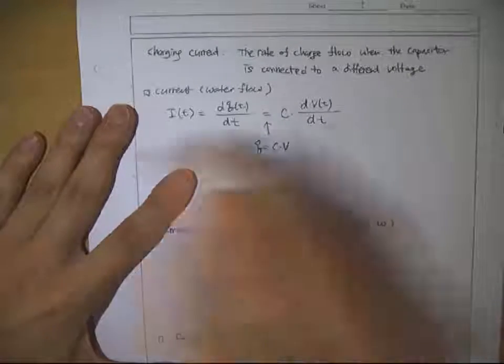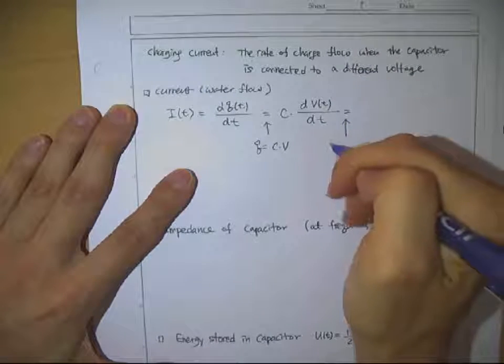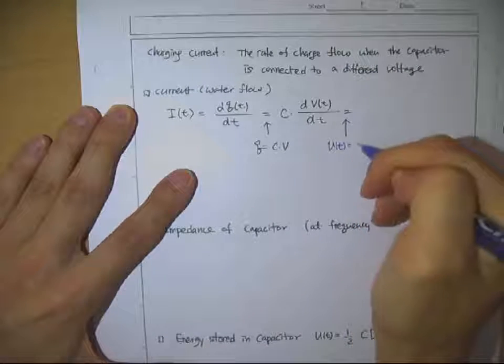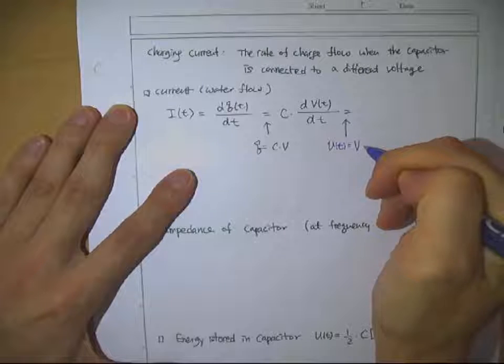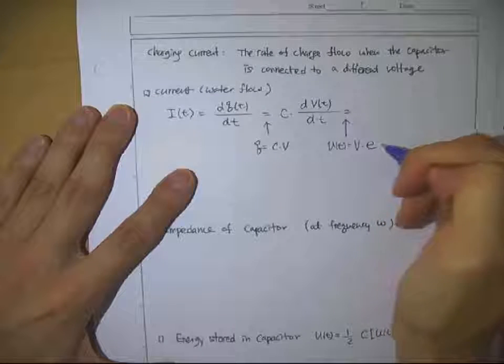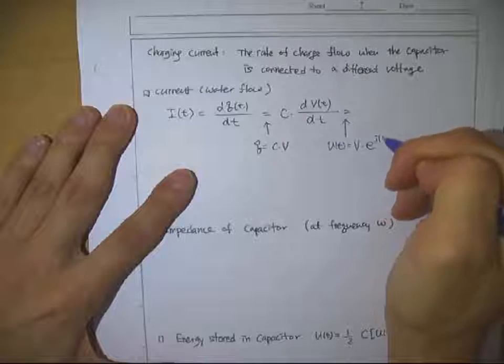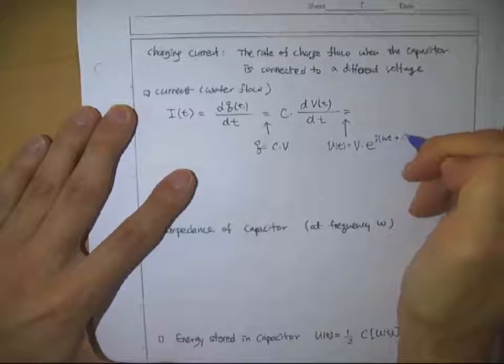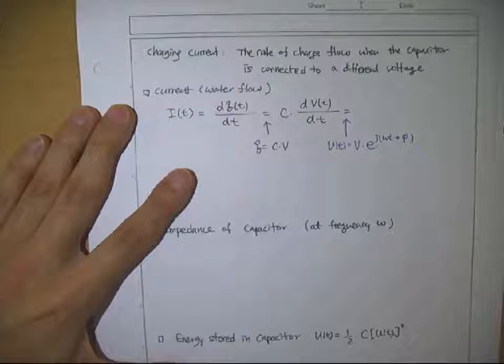And we know that the voltage V(t) can be expressed as the amplitude times e to the j omega t plus phase angle.